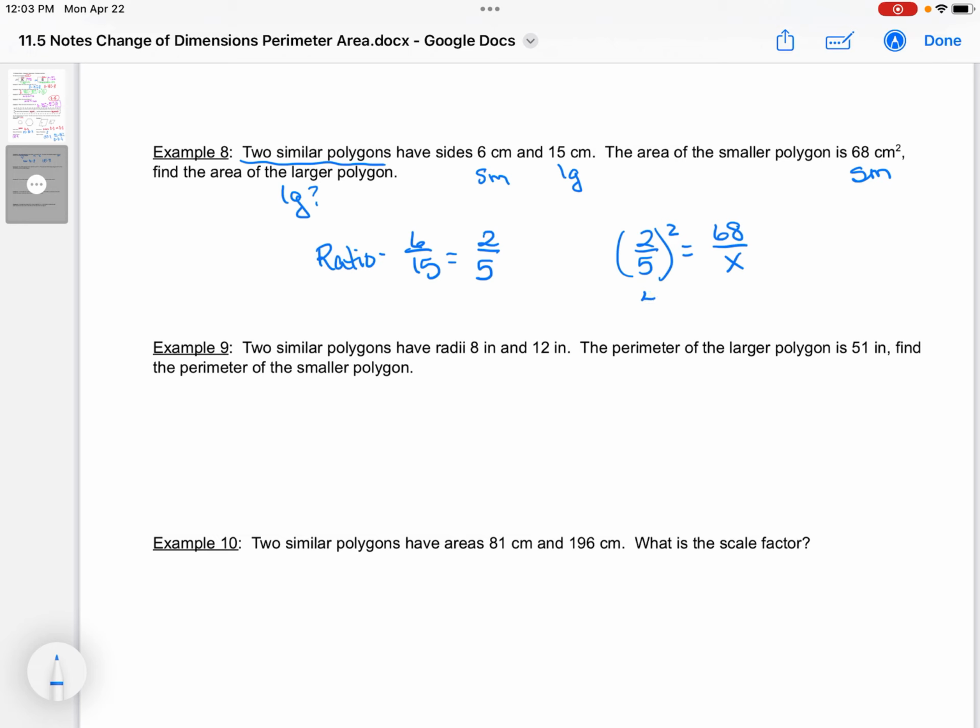So if I have 4 over 25 equals 68 over x, I can cross multiply.